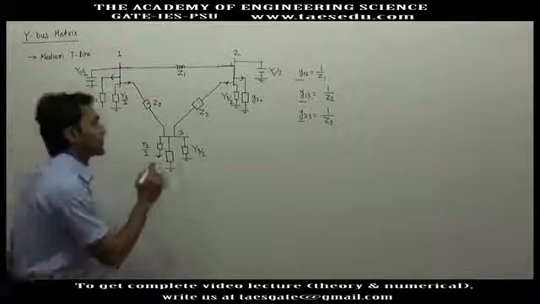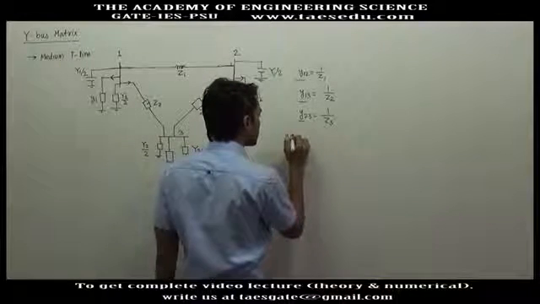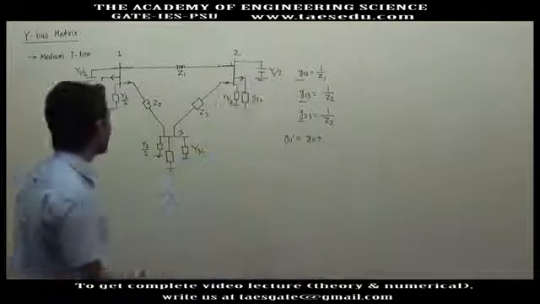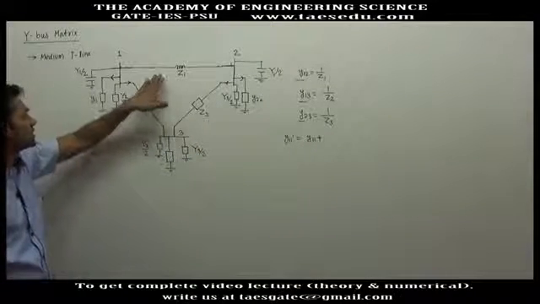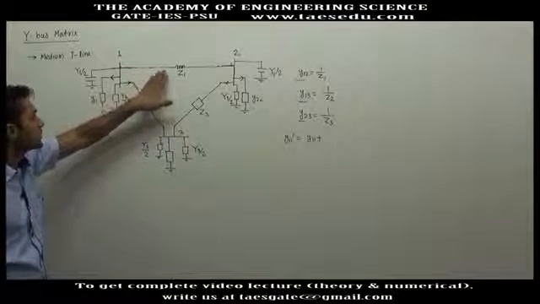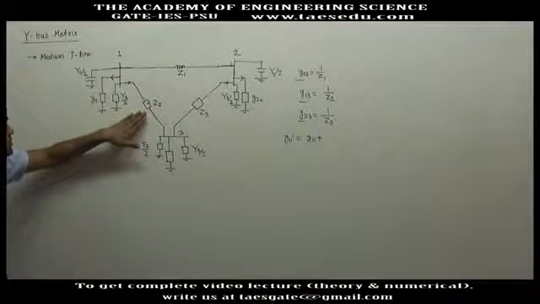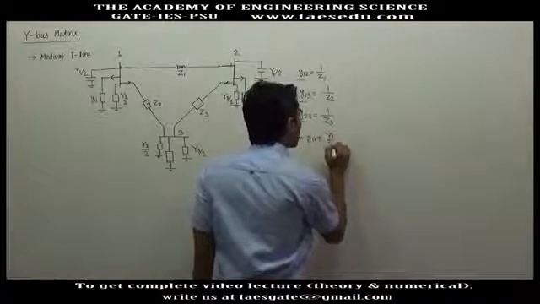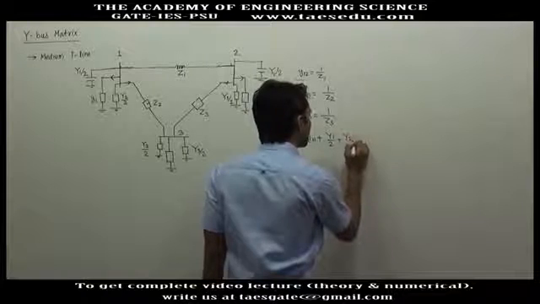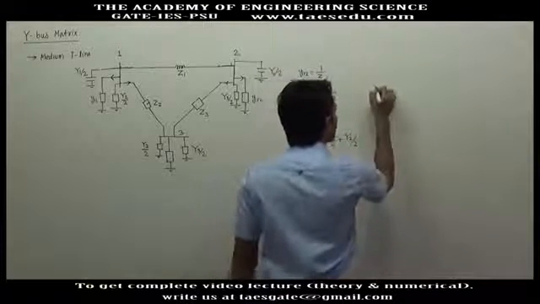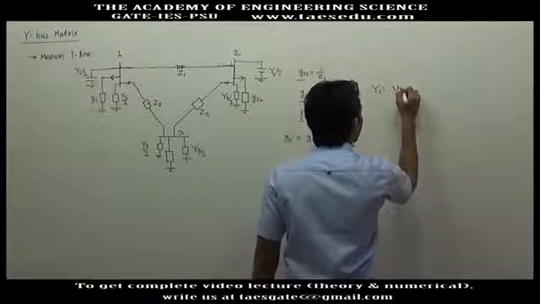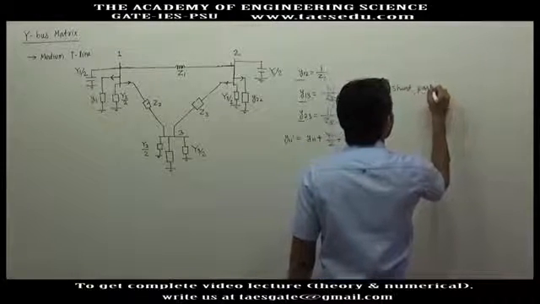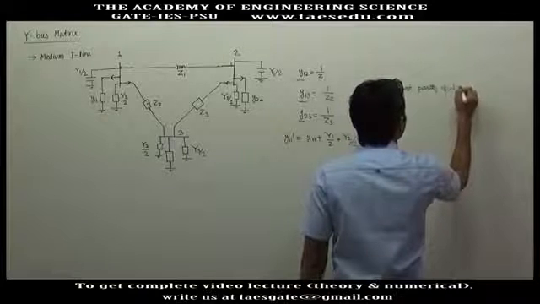Now what will be the new Y11? Its original shunt admittance, plus one shunt element due to the first line and another shunt element due to the second line. This will be capital Y1 by 2 plus capital Y2 by 2, where Y1 is the admittance of the shunt part of line 1.